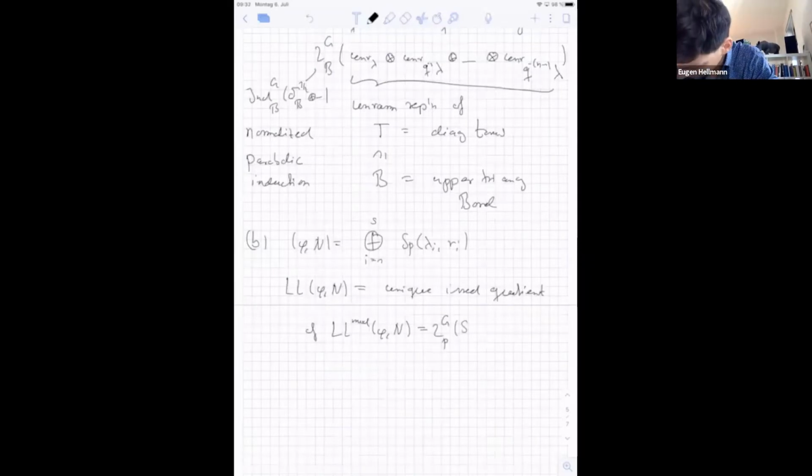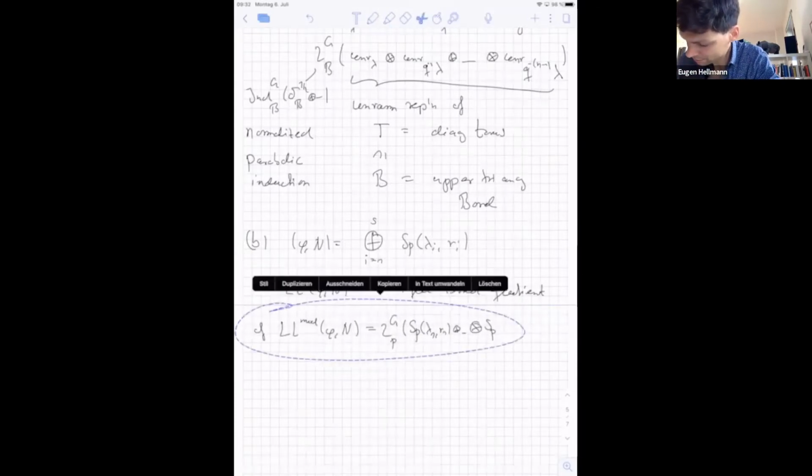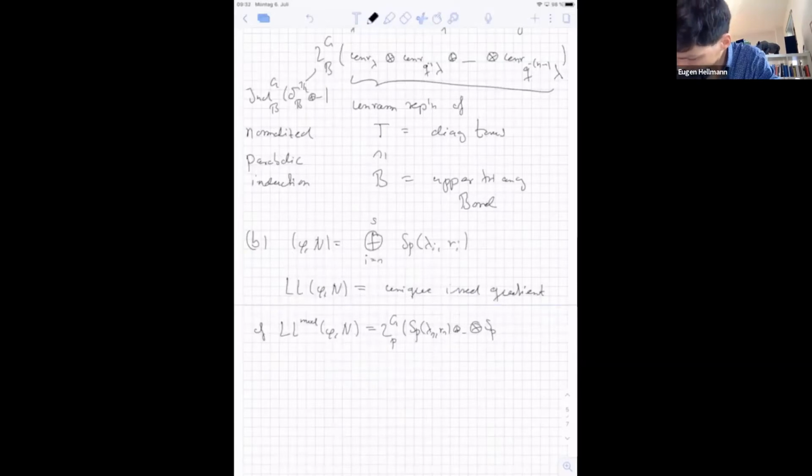Okay, and this here is called the modified Langlands correspondence.